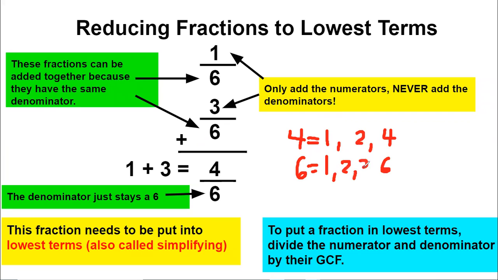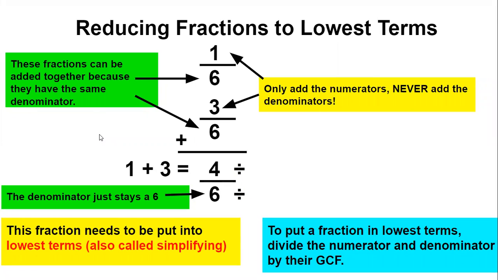So then we take the common factors, the factors that are common to both. So we have a 1 that is common. We have a 2 that is common. And that's it, right? So which one is the greatest, 1 or 2? Right, the greatest common factor is going to be 2. So let's put that in there.